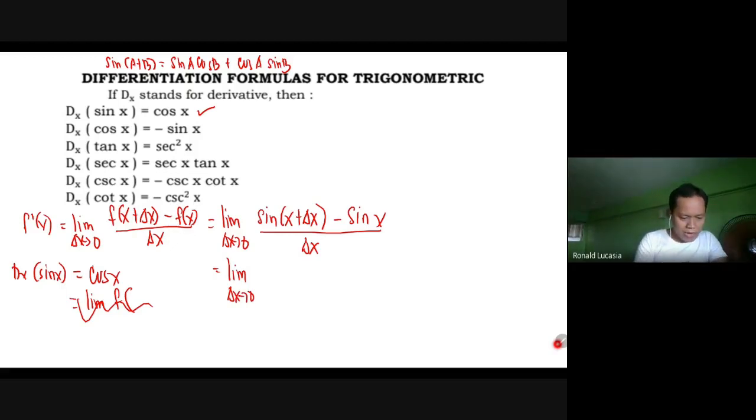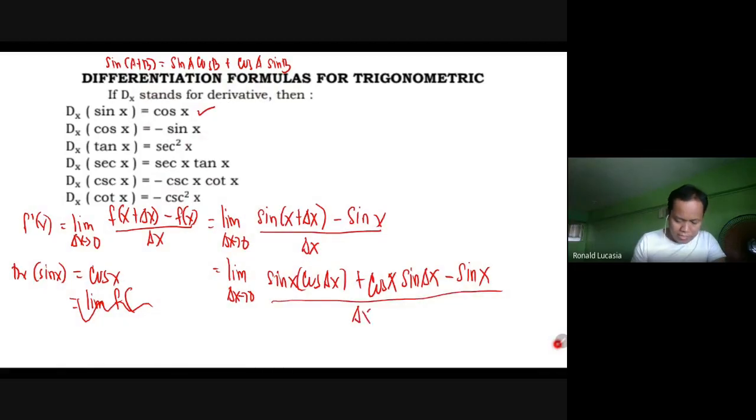To solve the sine of a plus b, what we will do is sine x cosine delta x plus cosine x sine delta x minus sine x. Where does this come from, sine x cosine delta x plus cosine x sine delta x? It comes from the concept of the sum identity of sine alpha and beta.